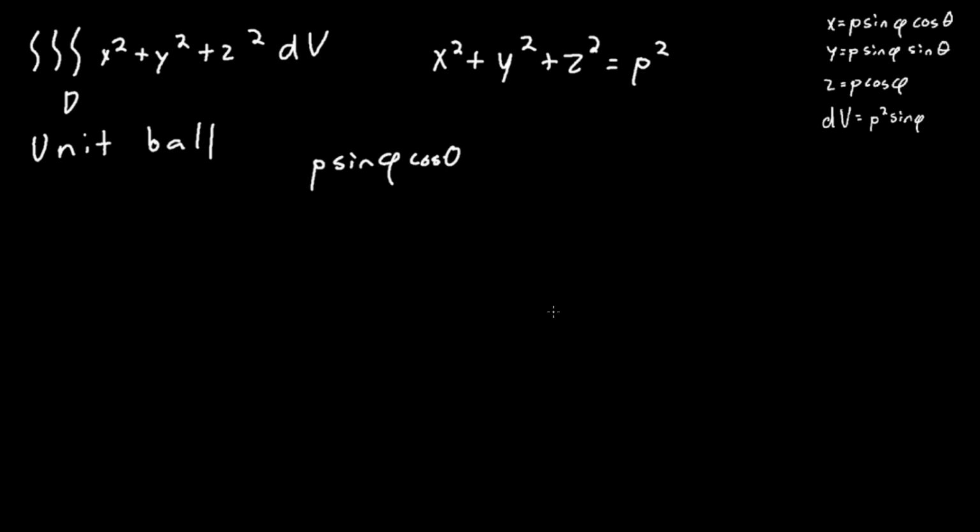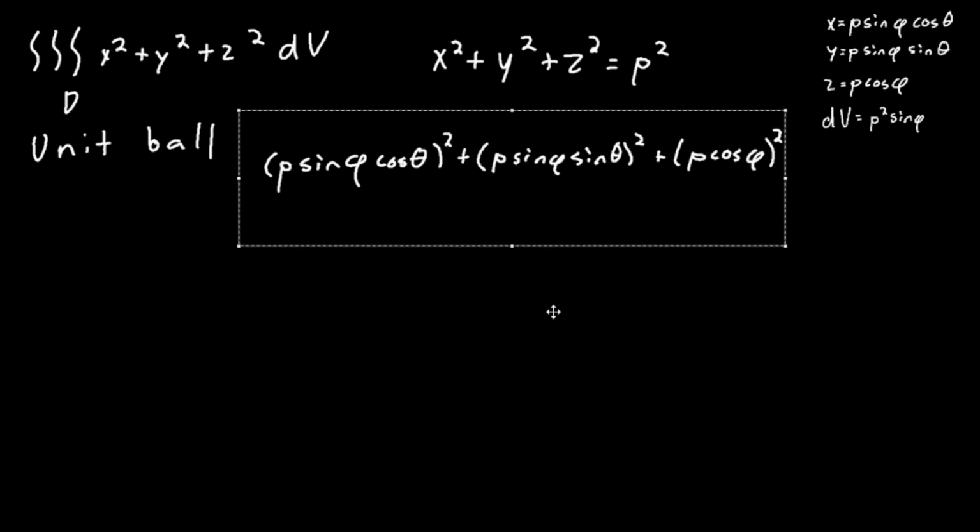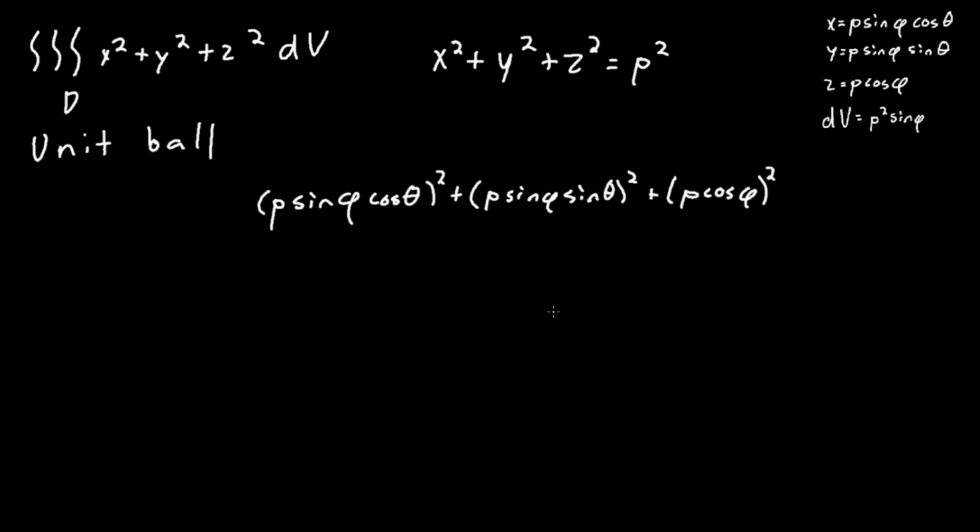You get rho sine phi cosine theta squared plus rho sine phi sine theta squared plus rho cosine phi squared. Let's make some more space for this.